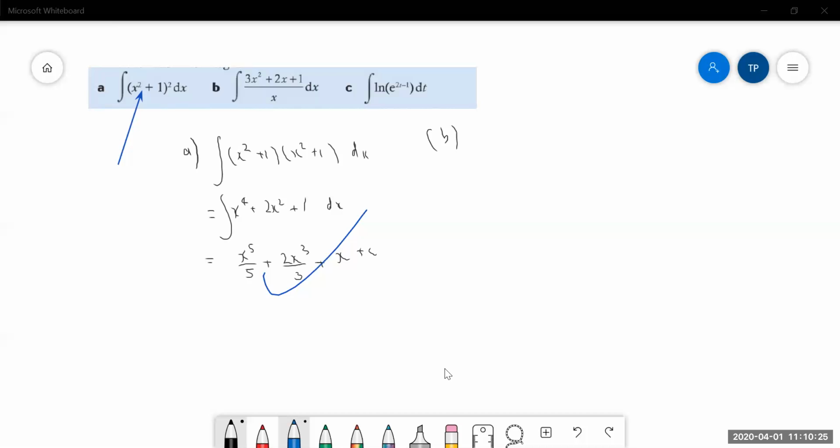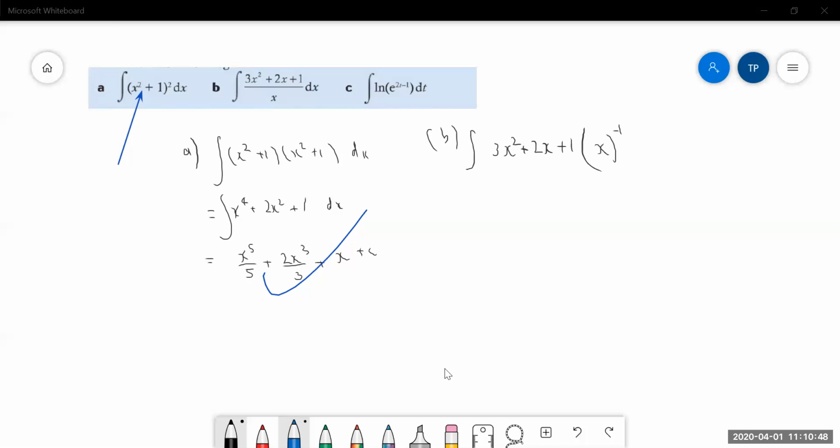So you do 3x squared plus 2x times x to the minus 1, right?